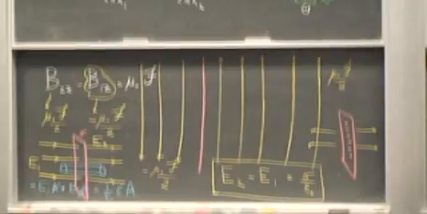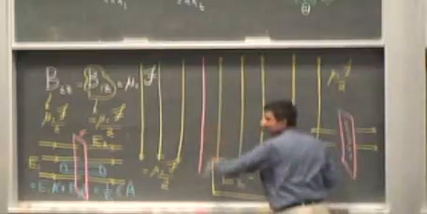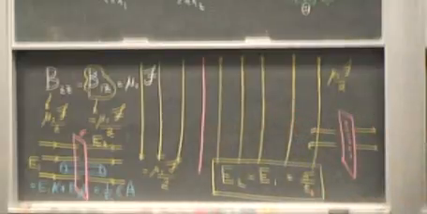Now I place my infinite sheet that is carrying a current out of the plane of the paper. What will the new magnetic field configuration look like? Now it's going to be a superposition of this uniform field with this field. So what I will get as a result is the following field pattern.